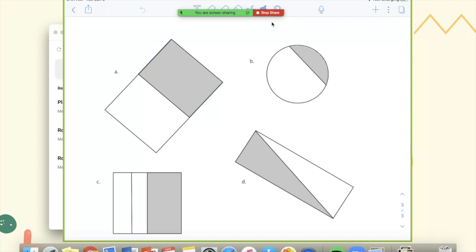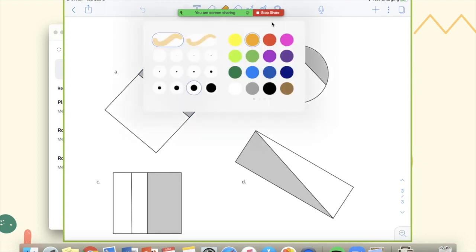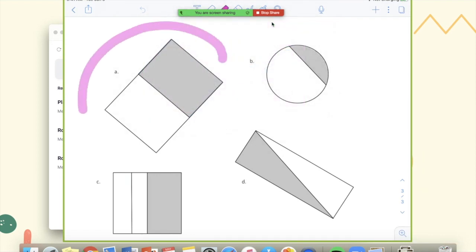So take a look at shape A. That is a rectangle. It has two parts, so that's halves, and 1/2 is shaded. But are these equal? The answer to that is yes. So I'm going to circle it because this shows equal halves. Now look at B. Do those halves look equal?